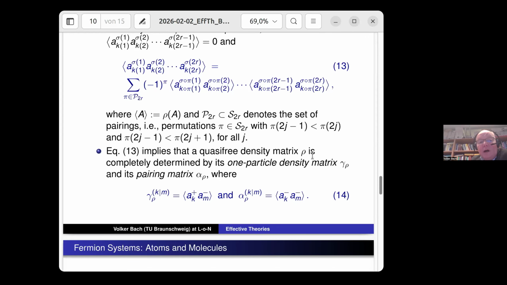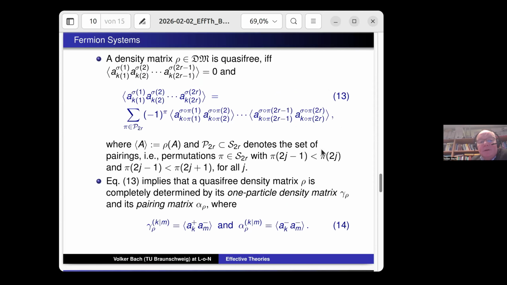Note that for systems with conserved particle number, the alpha rho is always 0. So if the density matrix commutes with the particle number operator, then alpha rho is always 0. There never are the particle number sectors mixed by the state.